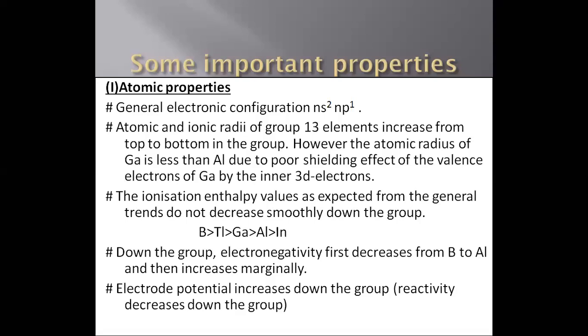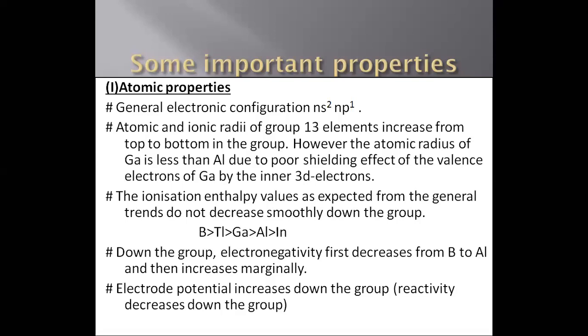And as I told, between gallium and aluminium, as gallium has 3d electrons but aluminium does not have d electrons, the s electrons of gallium are difficult to remove compared to aluminium. That is the reason the trend does not decrease smoothly.